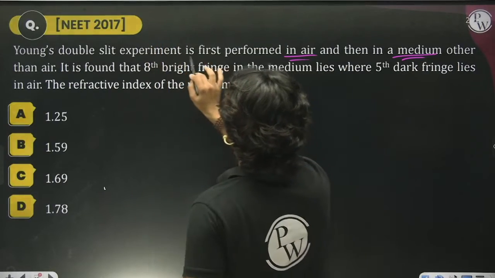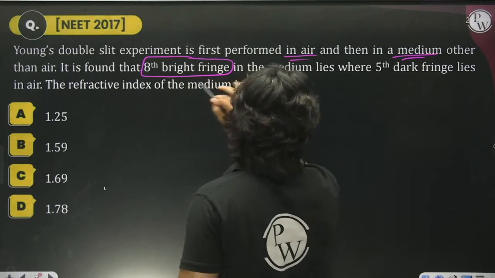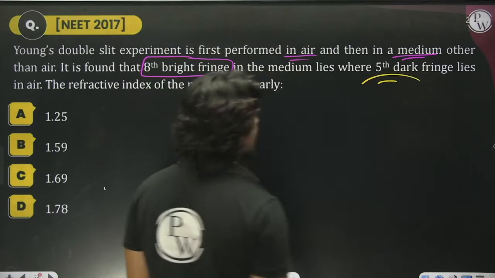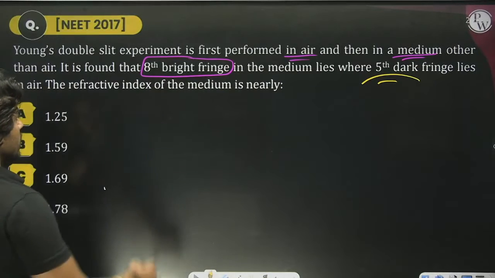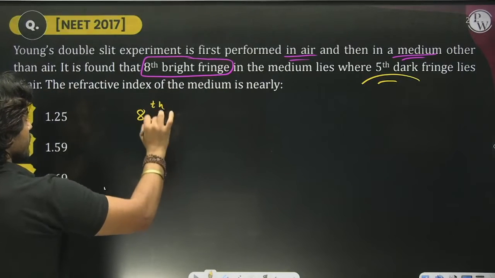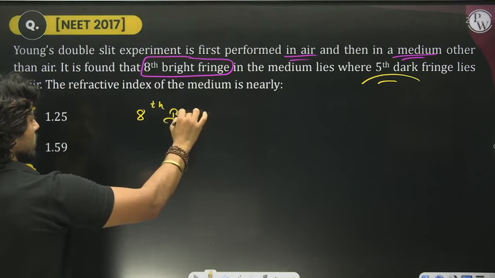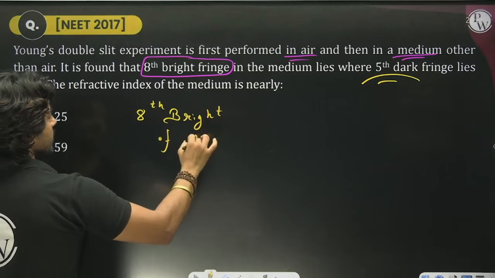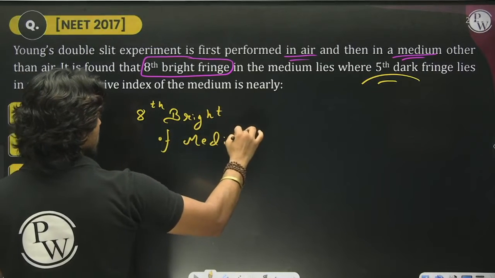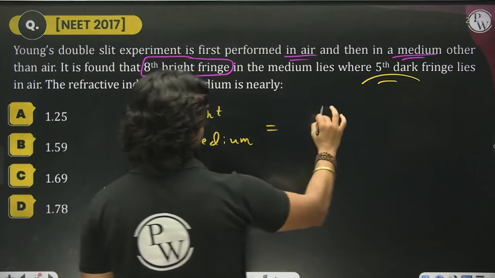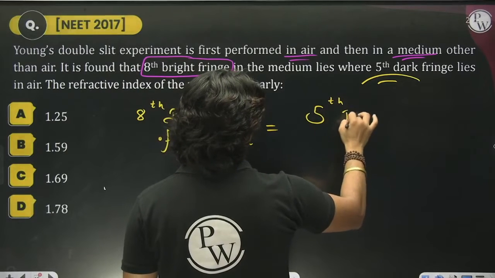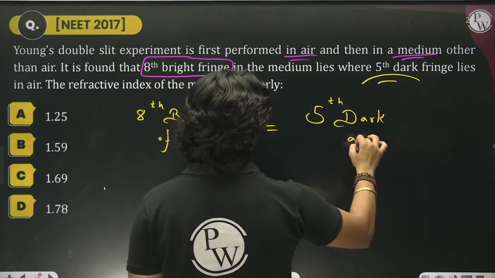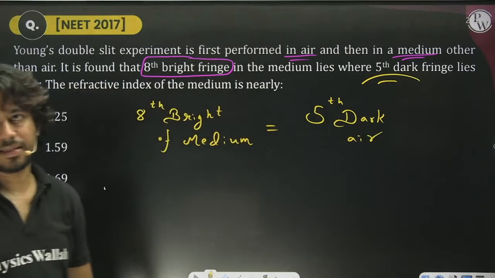It is found that the eighth bright fringe of the medium lies where the fifth dark fringe of air lies.